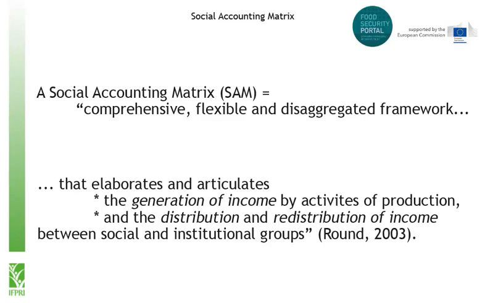So I would like to insist on the fact that the social accounting matrix is something very complicated because, in fact, the objective is very ambitious because it concerns all these operations within an economy during 1 year, and it is consistent because, in fact, you will see that it is a balanced presentation and consistent presentation of generations of income and distributions and redistributions operation.